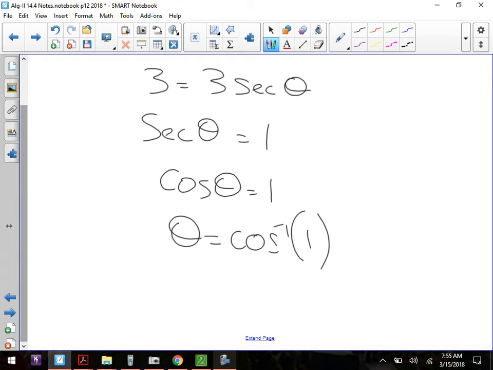So that means on my quadrantals, I have to figure out where x is equal to positive 1. There. Which the answer is 0. Okay, 0. Cosine is equal to 1, or the angle that has a cosine of 1 is at 0.